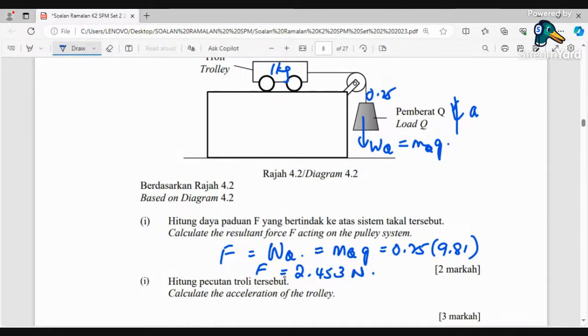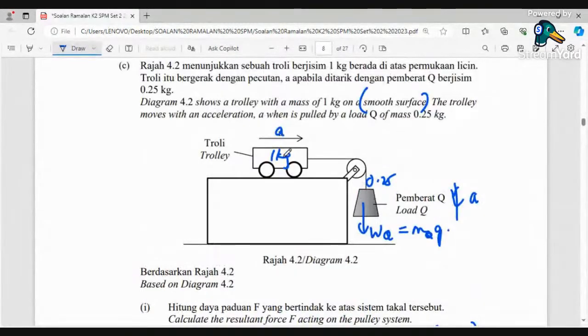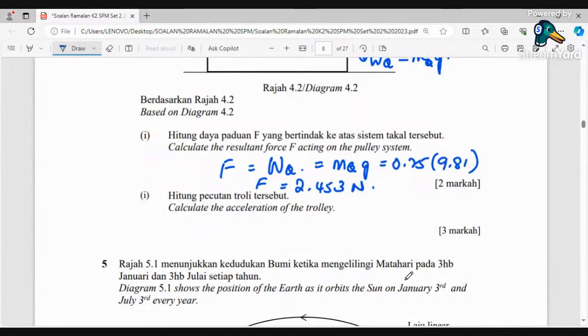So we get a resultant force of 2.453. Next question: calculate the acceleration of the trolley. Both objects are moving together in one system. So we use the formula F equals ma. 2.453 equals the combined mass since the objects move together, so 1 plus 0.25.